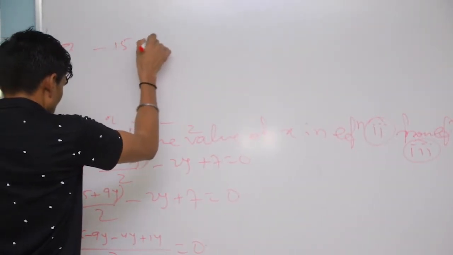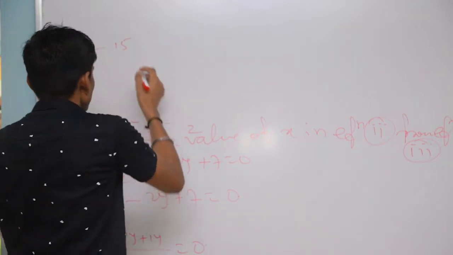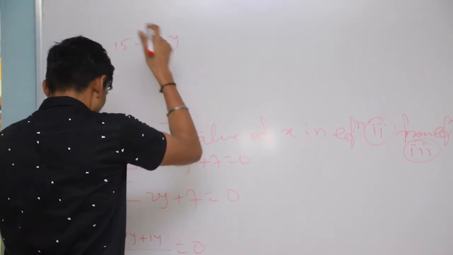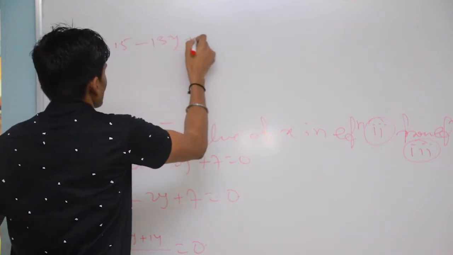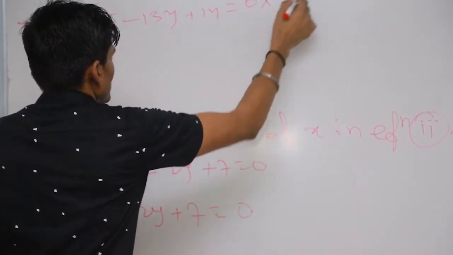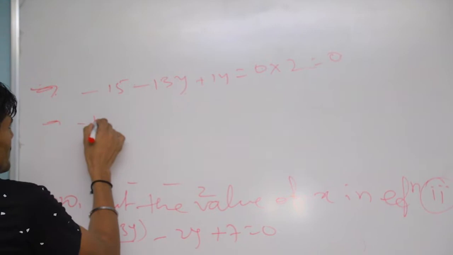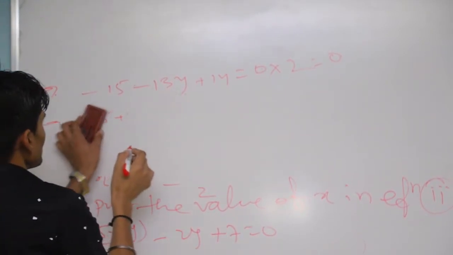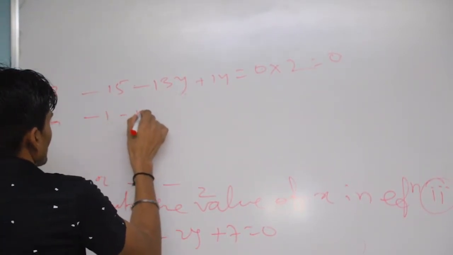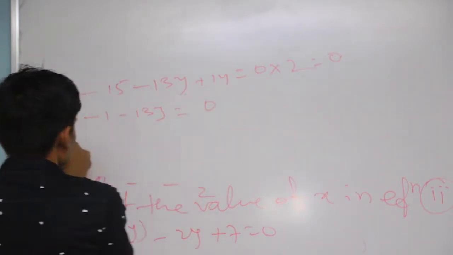Minus 15 minus 13y plus 14 is equal to 0. 0 into 2 is also 0. That means minus 1 minus 13y is equal to 0.